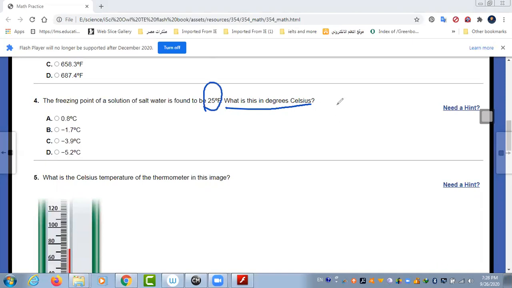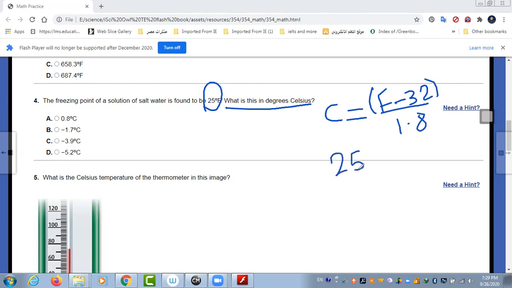Remember your law: Celsius equals Fahrenheit minus 32, over 1.8, and the subtraction is between brackets, so you have to do this first. Fahrenheit here is 25 minus 32. We know that 32 is greater than 25, so the result will be negative, minus 7.